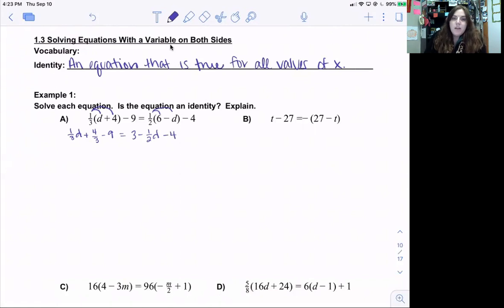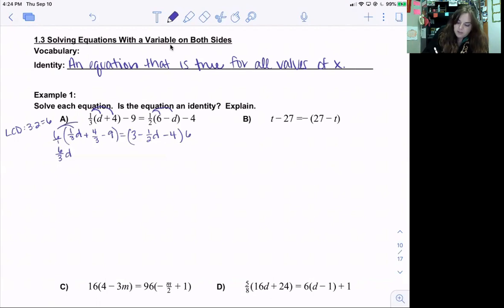Now I'm going to go ahead and multiply to get rid of our fraction. So we want to figure out what is our least common denominator. If we take our denominators, we have 3 and 2. That multiplies to be 6. So we're going to multiply everything by 6. So we have 6 times 1/3 D, which would give us 6/3 D, because we're going to multiply our numerators, because this is the same thing as 6 over 1.